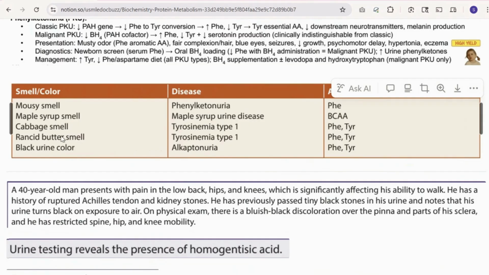Rancid butter, tyrosinemia. Black urine color, alkaptonuria. That's not a smell, but black urine color. Even this, both of these are tyrosinemia type 1, which means tyrosine metabolism is affected. You're accumulating a lot of it, and it might go into and make some other compounds. That's it.